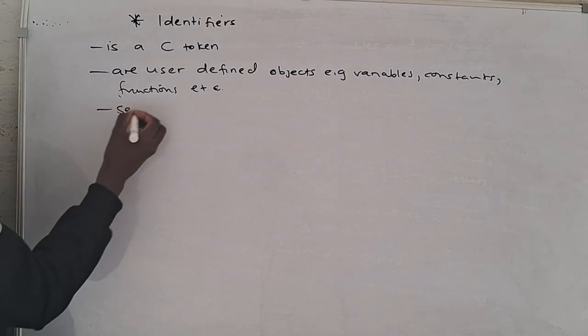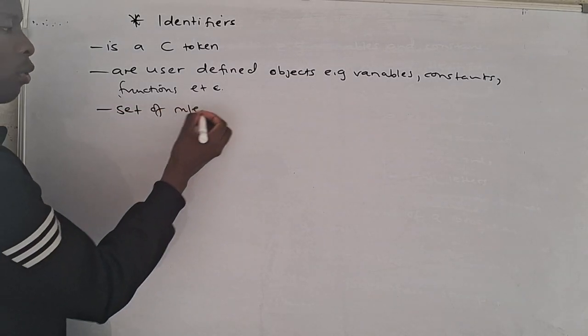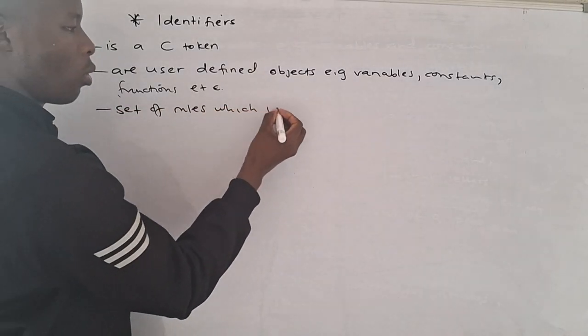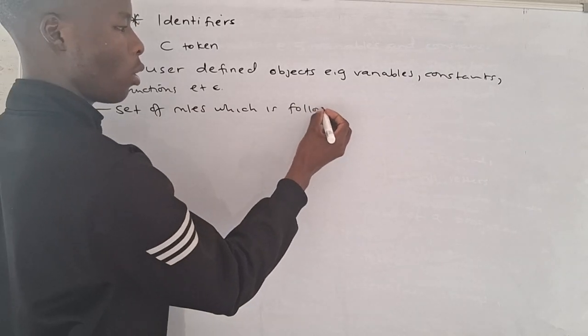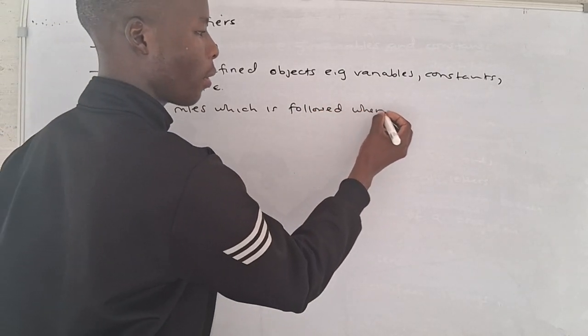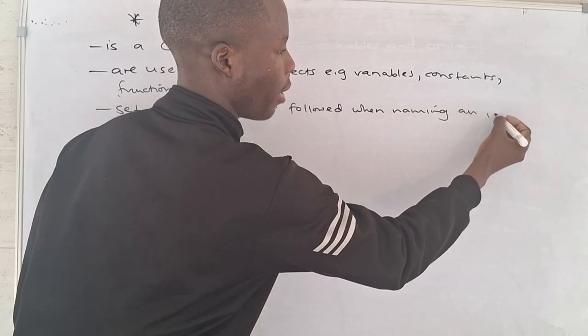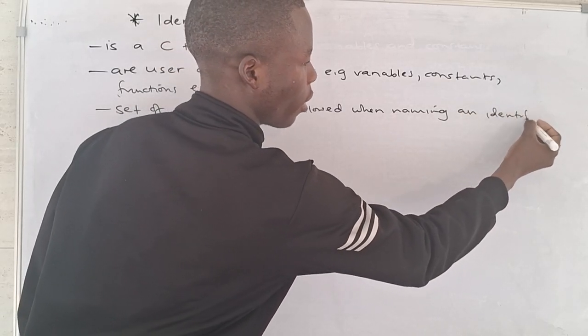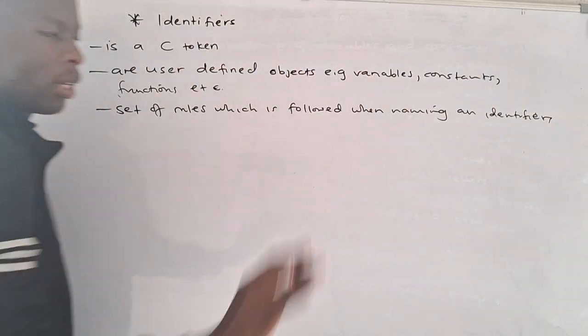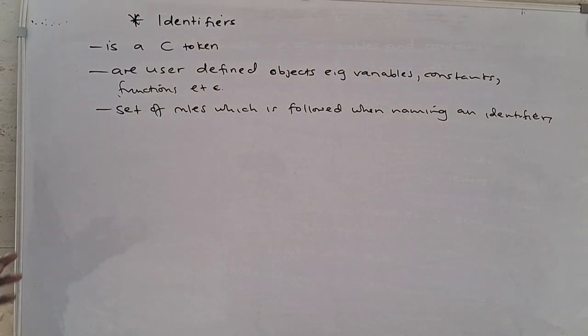There is a set of rules which is followed when naming identifiers. If you want to name identifiers, you are supposed to follow a set of rules.